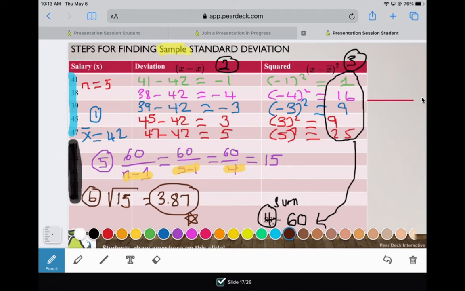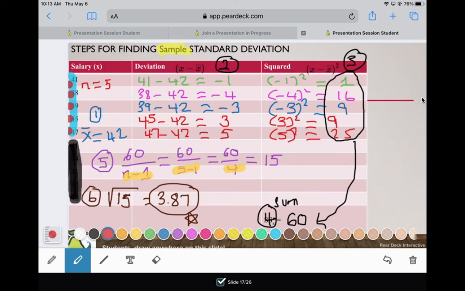So the bottom is, notice I have 5 numbers total. 1, 2, 3, 4, 5. So my n is 5 because I have 5 numbers. But because this is a sample standard deviation, it's going to be 1 less, right? So it's n minus 1.